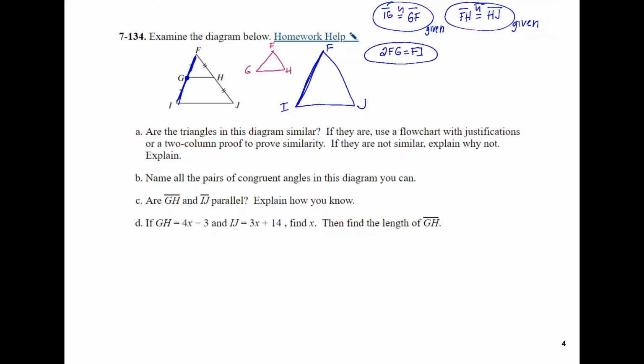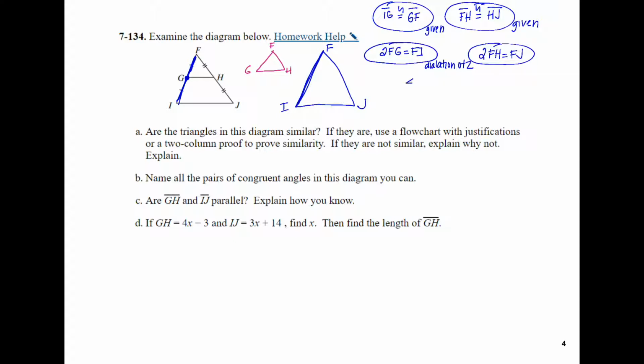My justification for that would be it is a dilation of 2. I also can then conclude that 2 times FH is equal to FJ. Again, I can justify that by saying it's a dilation of 2.